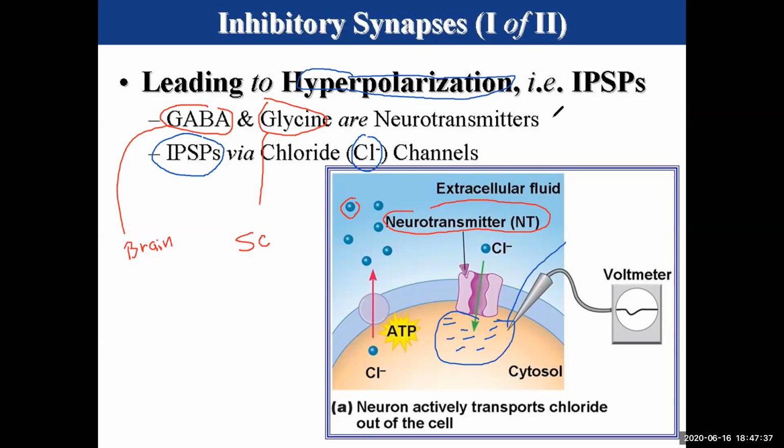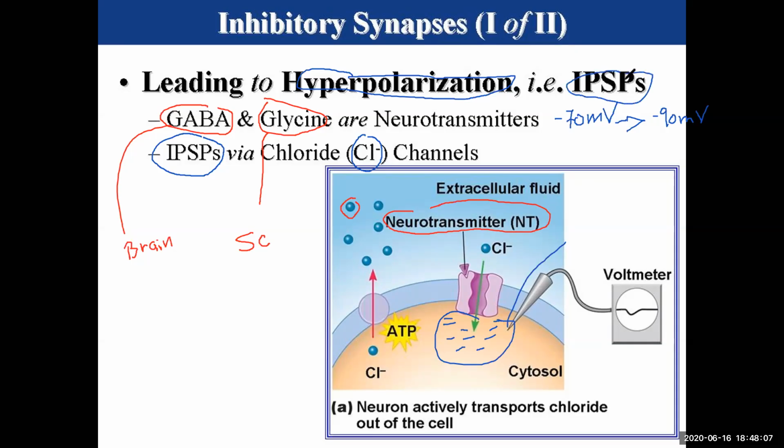So for example, instead of being negative 70 millivolts, following an IPSP, the membrane potential can be minus 90 millivolts, for example, or even more negative, minus 100 millivolts, right? That's called hyperpolarization.